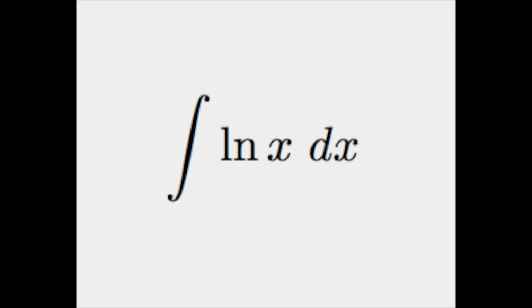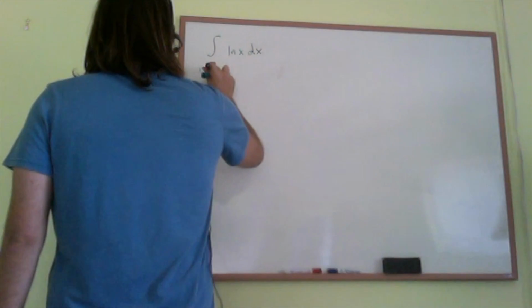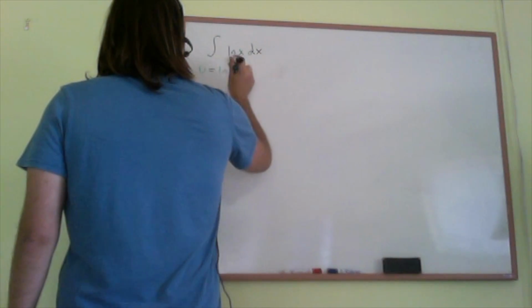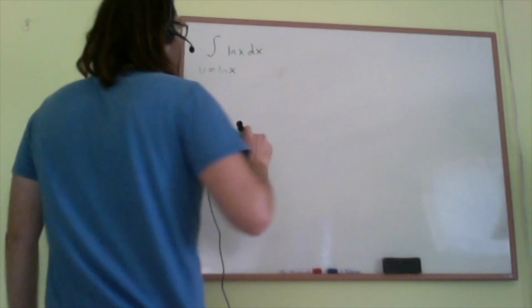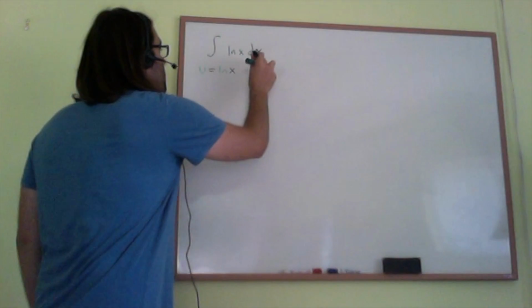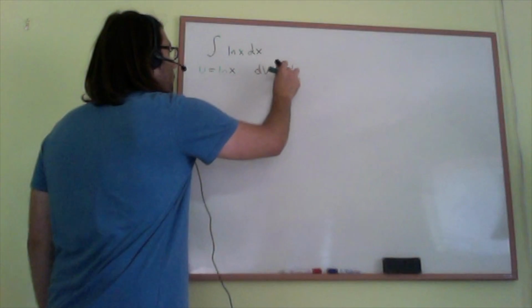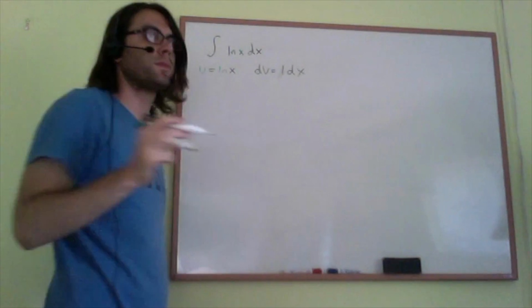For our next example, I wanted to do the antiderivative of ln of x, which is actually a classic integration by parts example. So we're going to have u equal to ln of x, and we're going to have dv equal to 1 dx.